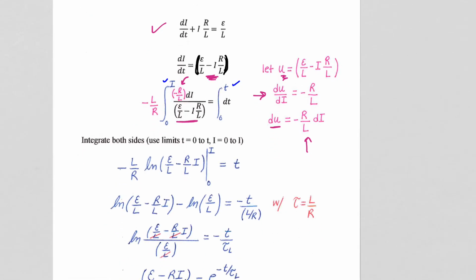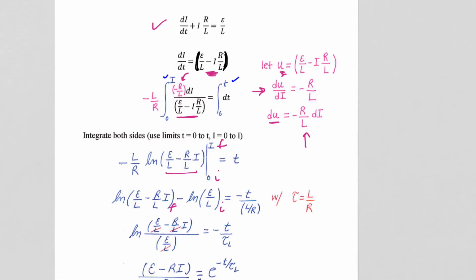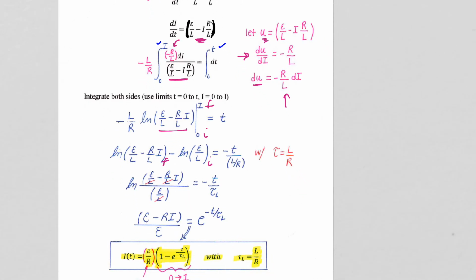When we integrate both sides, 1 on u du is the natural log of u. We evaluate it final minus initial, and then it's natural log of A minus natural log of B to go from this step to this step.